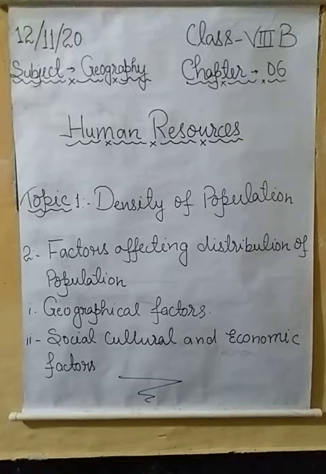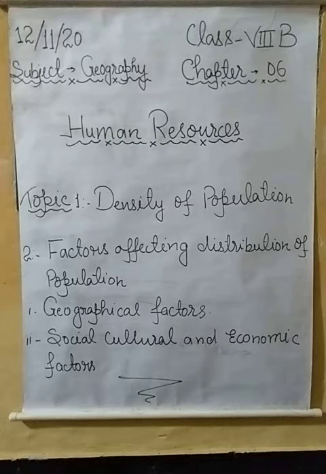On the basis of data, the average density of population in the whole world is 45 persons per square kilometer. As I told you, South Central Asia has the highest density of population, and after that East and Southeast Asia also have the highest density of population.